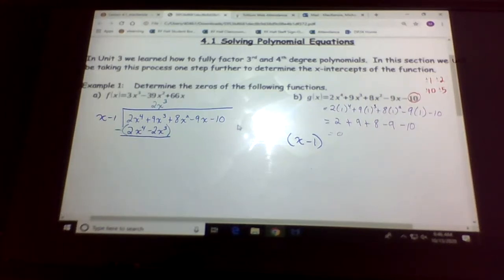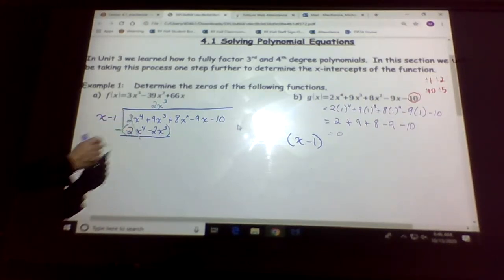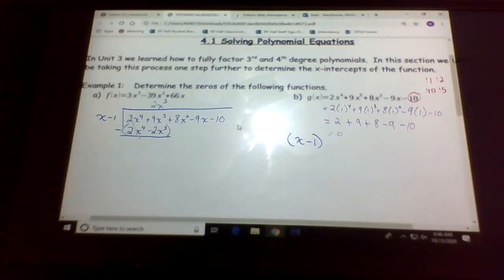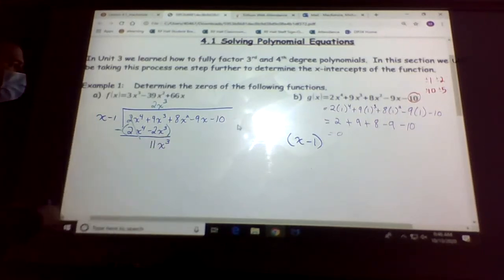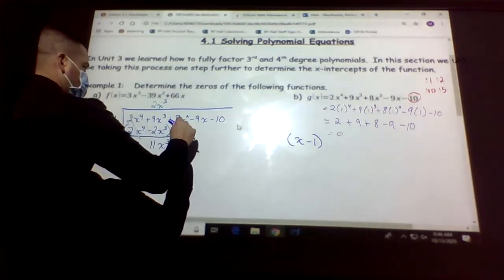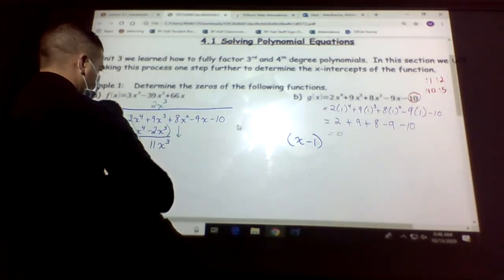Then we subtract. 9 minus a negative 2 becomes 9 plus 2, so we get 11x cubed. Remember, multiply, subtract, carry down. Multiply, subtract, carry down. So now we carry down our 8x squared.